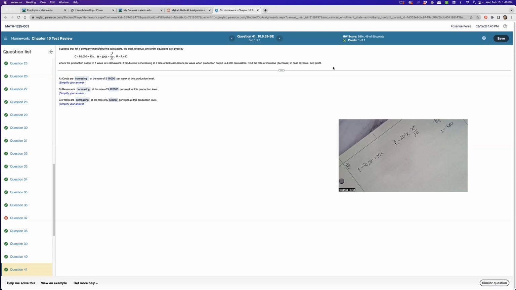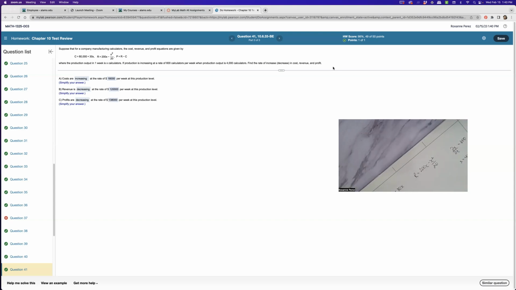determine the rate at which your costs are increasing or decreasing given this rate of production and this rate of increase in your calculator production. Okay, this is your production, this is your rate of increase or decrease of production.